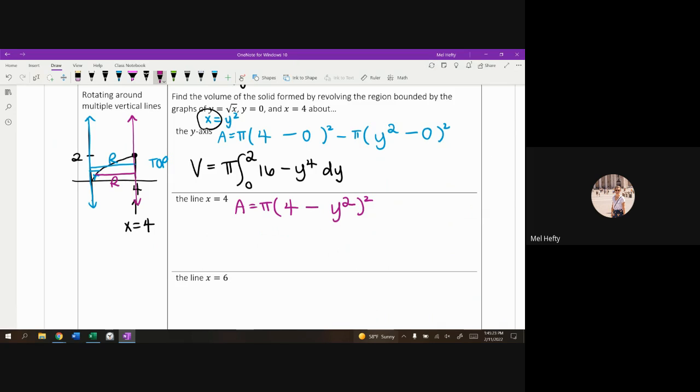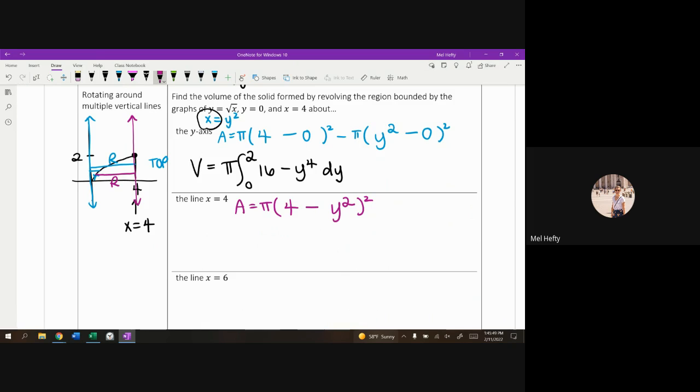Minus y squared. Now, a bunch of people in my other class said y squared minus 4, a different direction of subtracting. That makes me a little uncomfortable because all the y's we're dealing with are less than 4, so that would technically give a negative radius. In this method, it doesn't really matter because we're squaring it, but in the method we'll start today called shell method, our variables will not be squared.